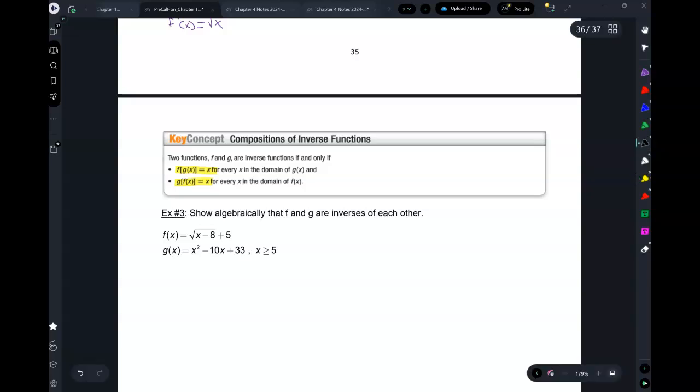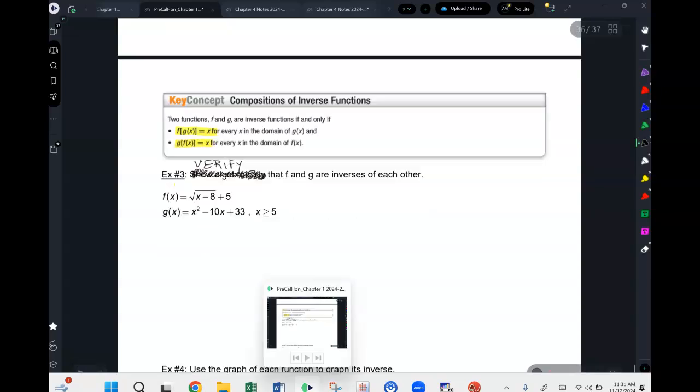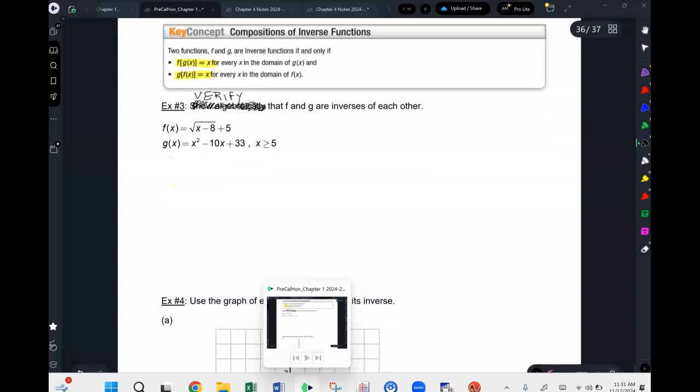And the thing I always forget to change, even though I look and look, is this shouldn't say show algebraically. This should say verify. And when it says verify, you have to, by law, use the theorem. Okay? By mathematical law. That I just highlighted. Okay?